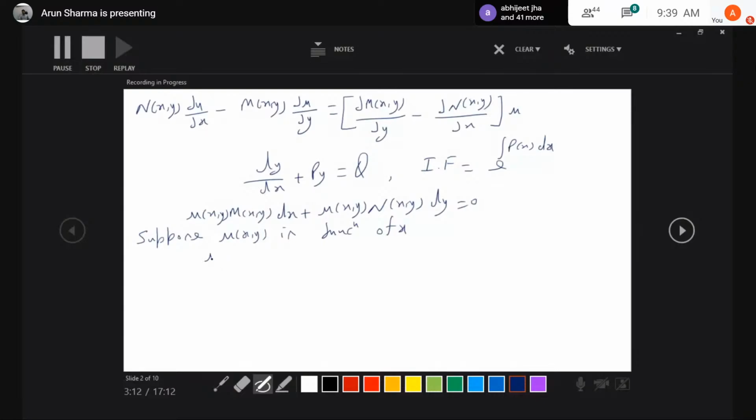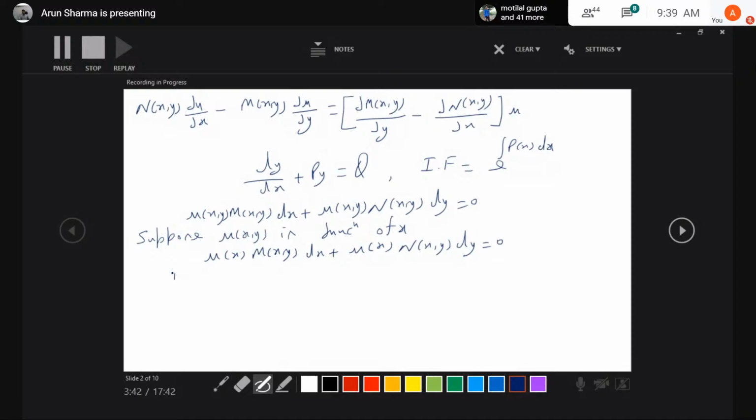We can write mu(x) M(x,y) dx plus mu(x) N(x,y) dy equals 0. Then this term will vanish, because del mu upon del y will become 0.